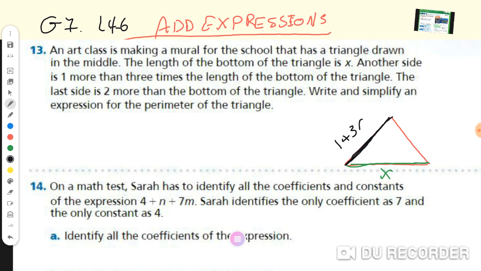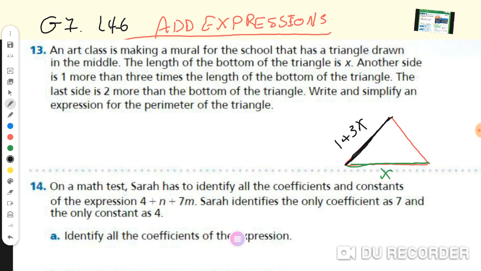The bottom length here is x, so it's 1 plus 3x. So it's 1 more than 3 times. 1 more than is more than, so it's bigger by 1. The 3 times means 3x of the bottom.